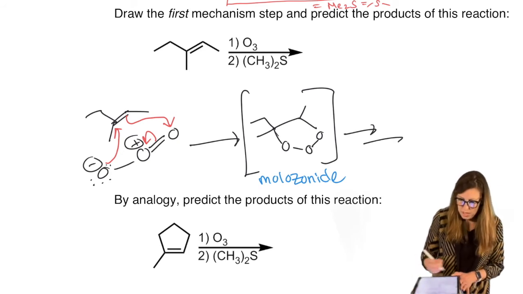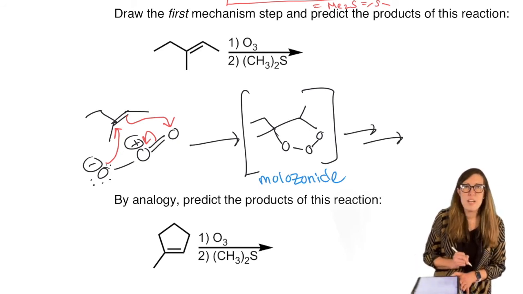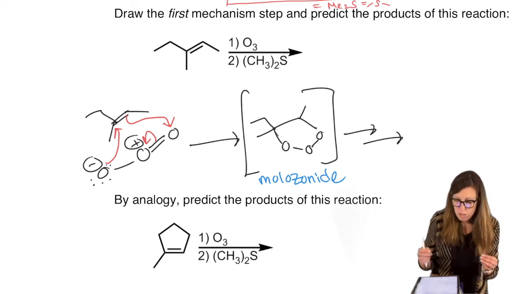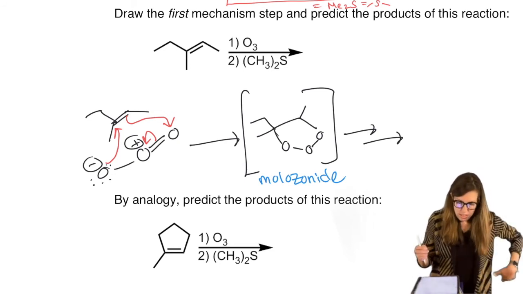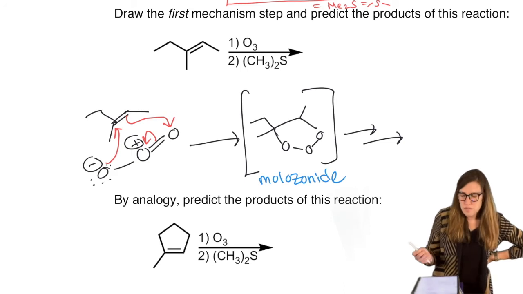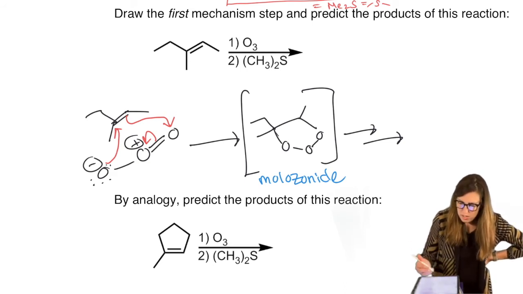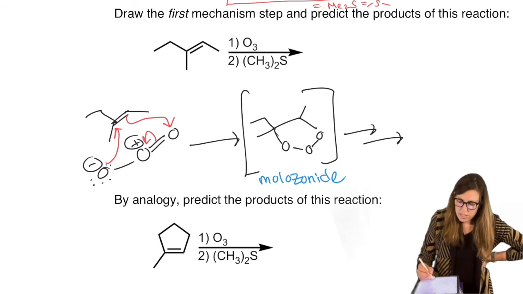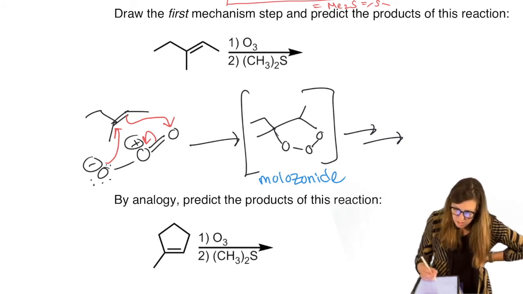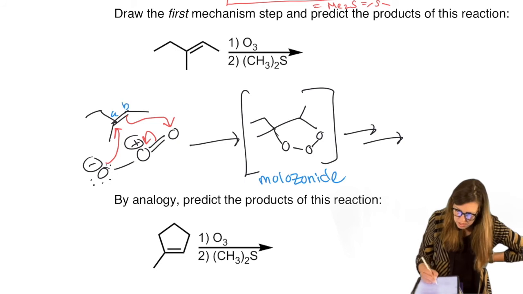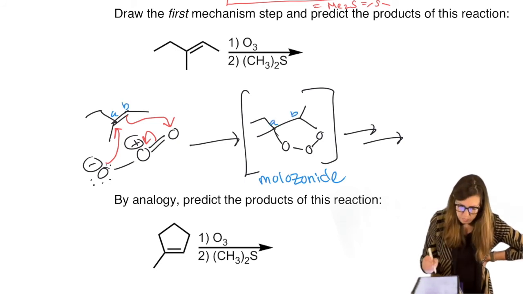But I'm going to show you how the collapse of this can help explain how we cut that carbon-carbon bond. That's really the key to understanding what happens here, but I don't think we have to do all the iterations. So this carbon-carbon bond, I'm going to call it A, B, A, B. We're going to watch that cleave or cut.